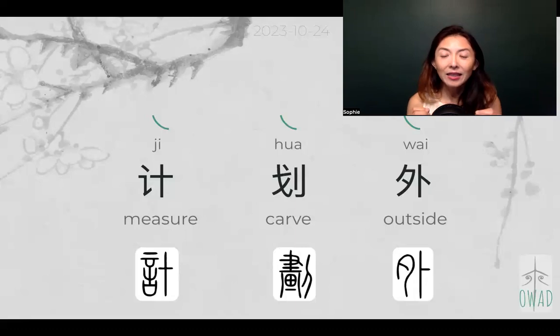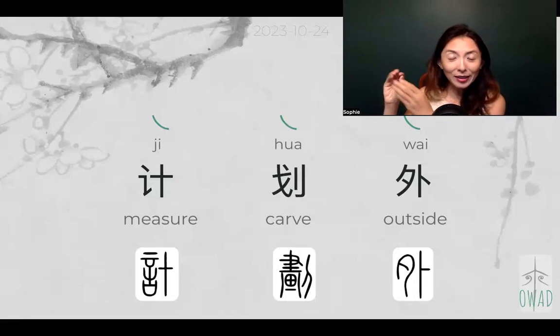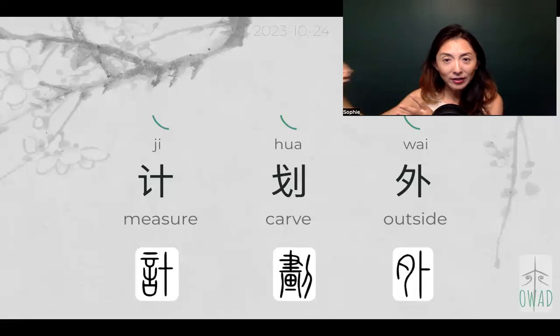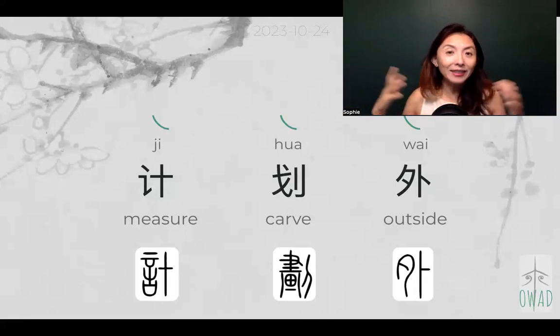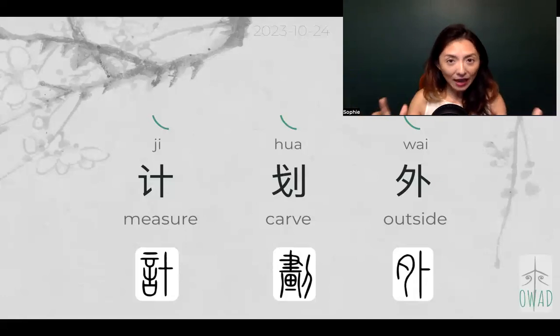So then this eventually got deduced or abstracted to mean outside, meaning there is some external pressure on your tribe that you have to respond to overnight.